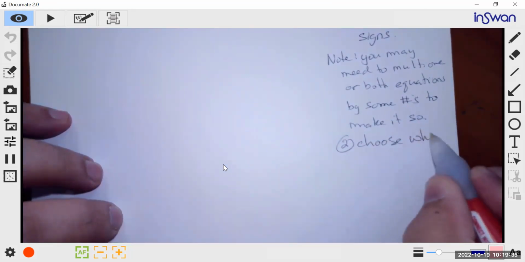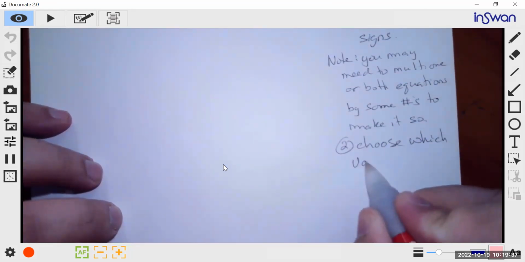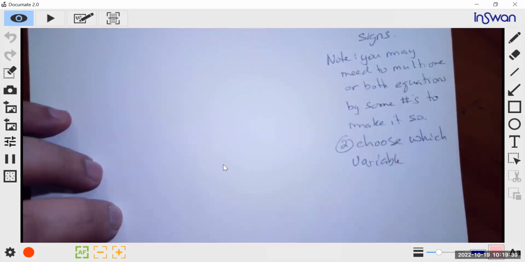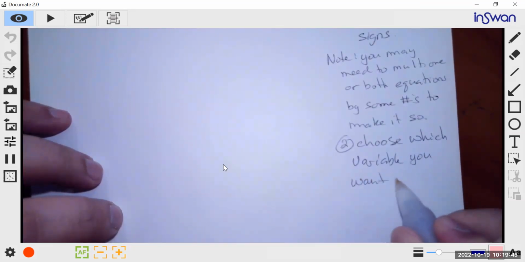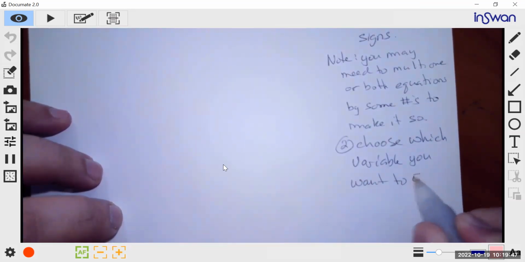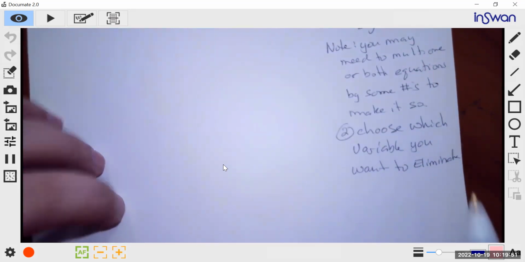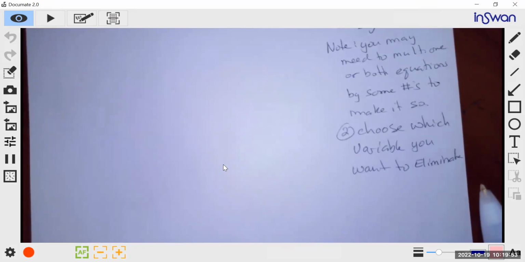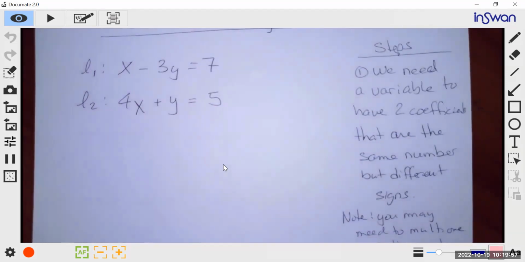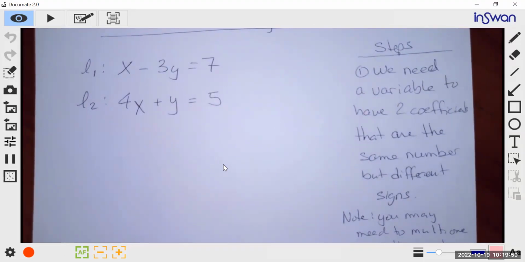Choose which variable you want to eliminate. So looking at this, what variable you want to get rid of, the x or the y? Okay, let's get rid of the y.